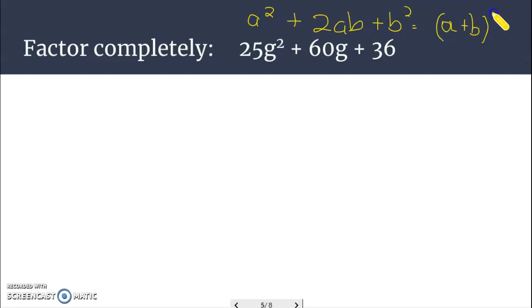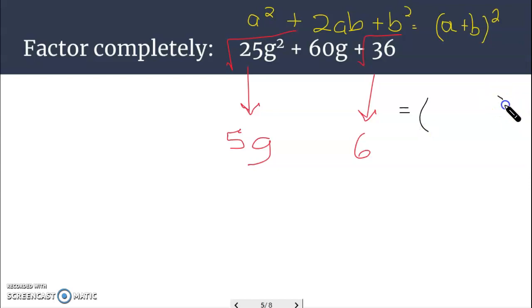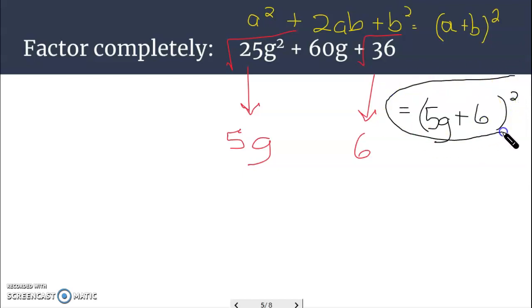It's just a matter of figuring out what the a and b terms are. If we take the square root of the first and last term, we'll have it. The square root of 25g squared is 5g. The square root of 36 is 6. So now we can get an answer to this in the format a plus b quantity squared. In this case, our a is 5g and our b is 6. That is the factored form.